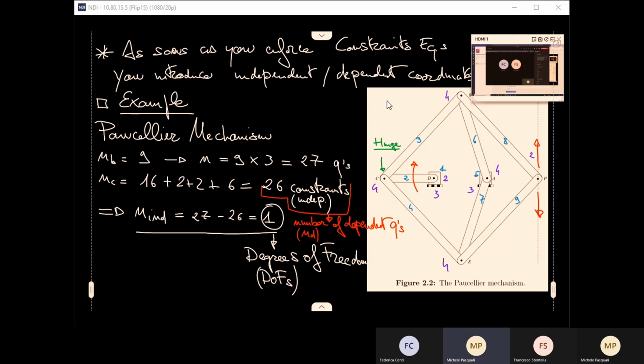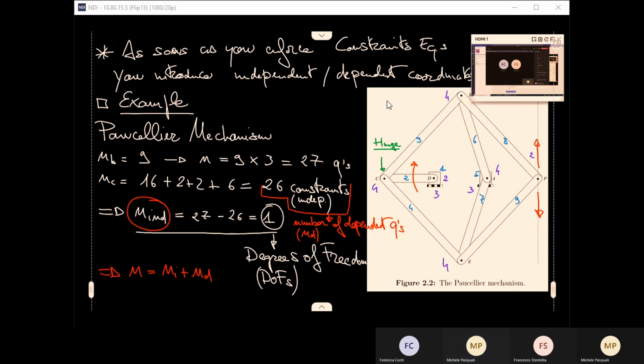Okay? Well, here we wrote NE. Of course, it must hold that N must be equal to Ni plus Nd. Okay? And this is the partition I was talking about.